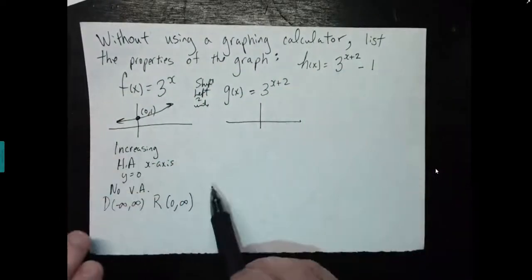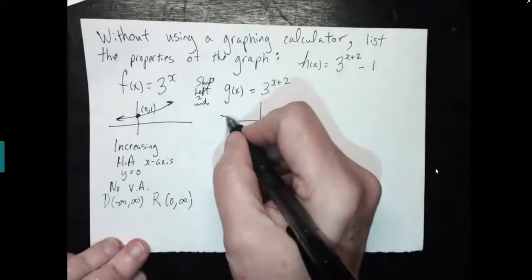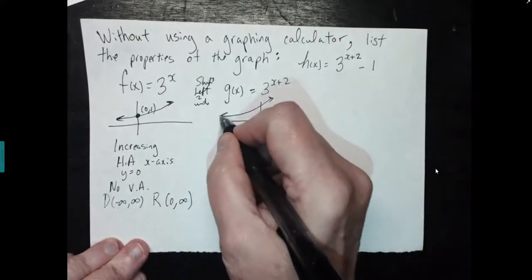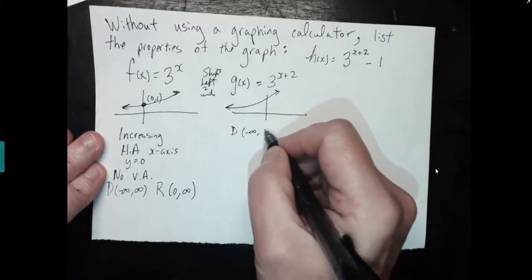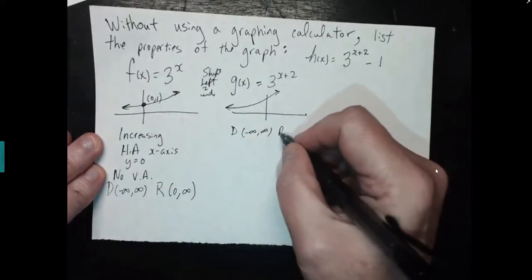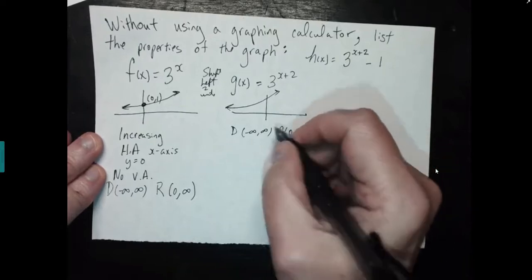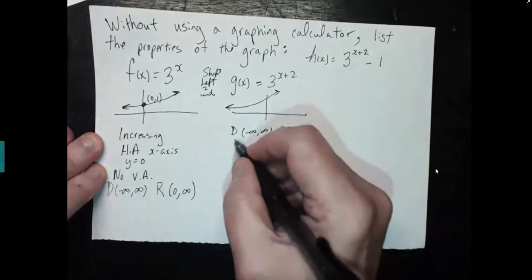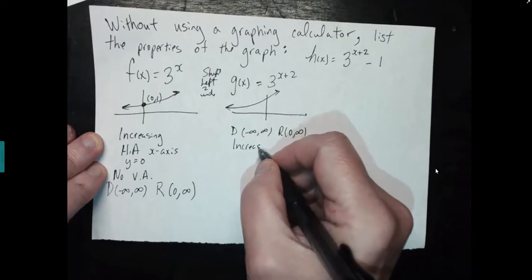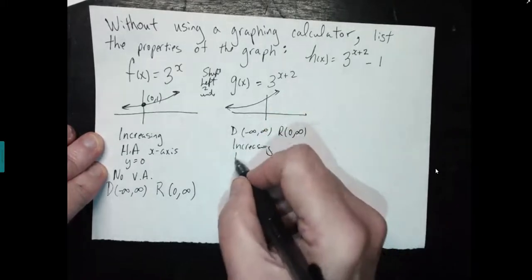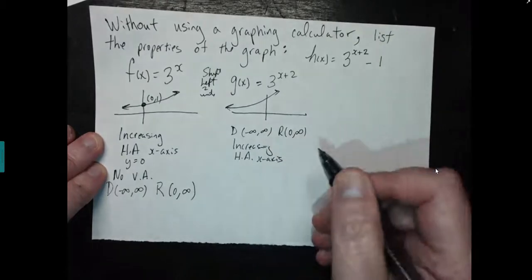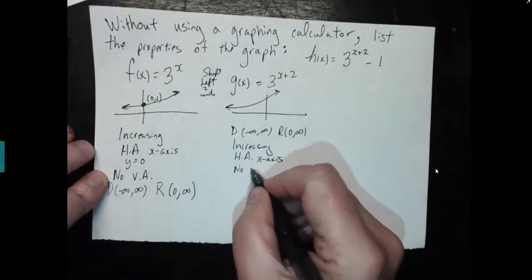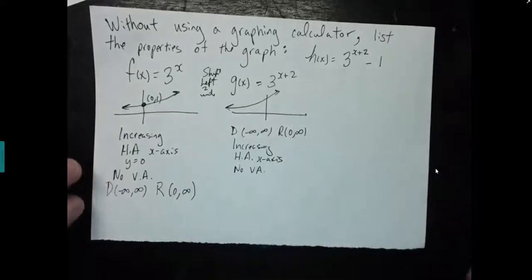So that's not going to affect the domain. The domain will still be negative infinity to positive infinity. It won't affect the range. We still have an increasing function. I still have the horizontal asymptote being the x-axis. There's no vertical asymptote. That hasn't changed.